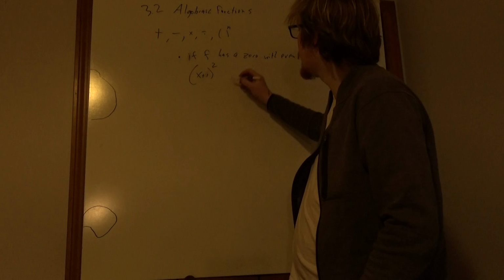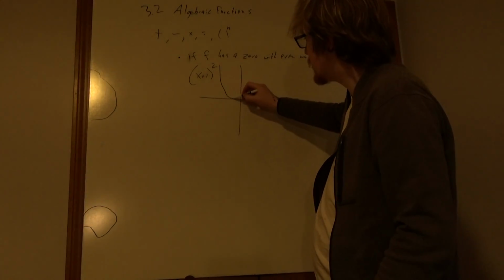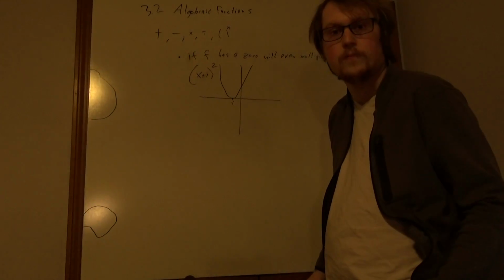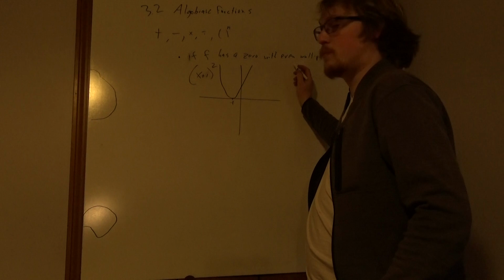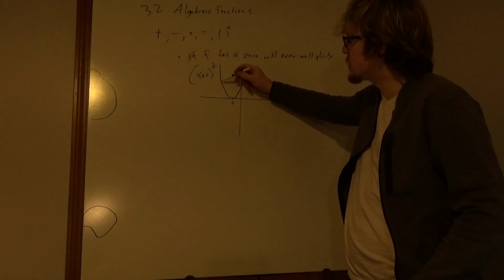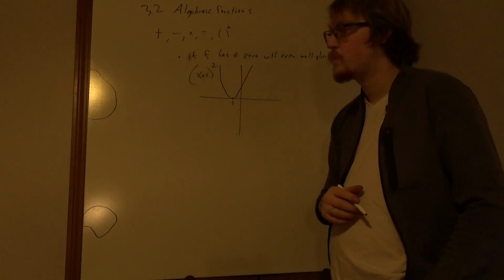And what this looks like is it's going to be a parabola that just sort of kisses the x-axis right there at negative 1. So for an even multiplicity, this turns into something which approaches the x-axis and then bends sharply without ever crossing it.